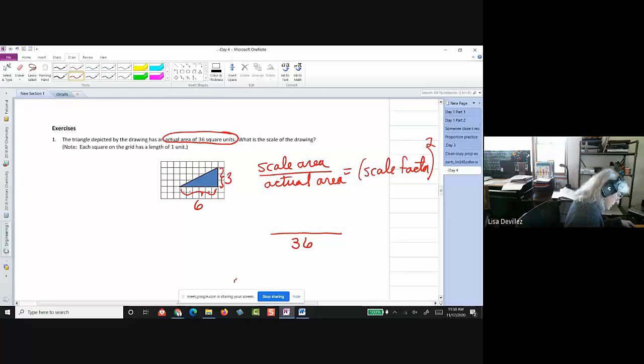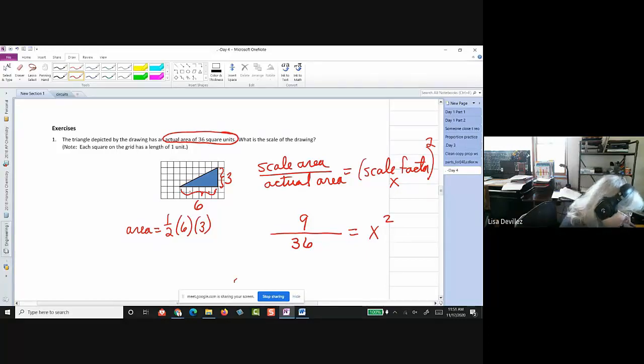Okay, so the area equals 1/2 base times the height. So 3 times, so it would be 9. Okay, so 9/36 is equal to, and I'm going to call this my x, is equal to x squared. So let's see, 9/36 is 1/4, right? Or 0.25.